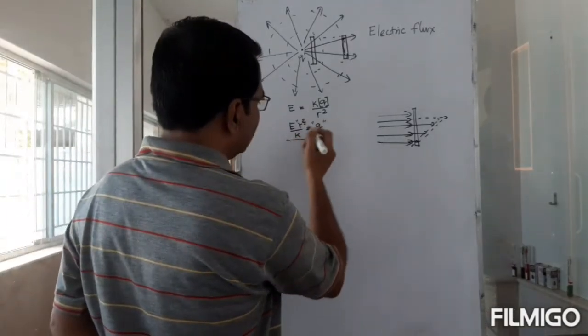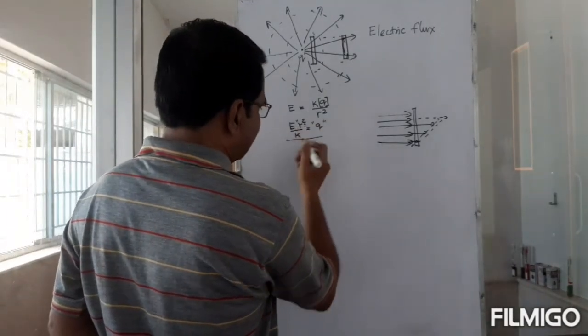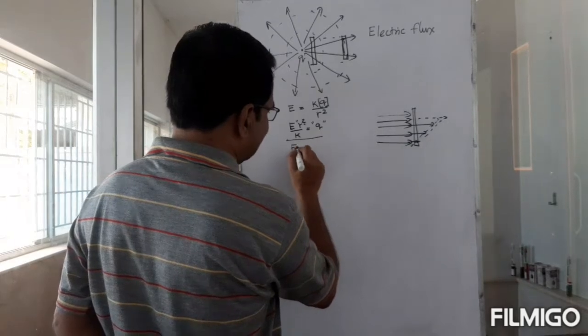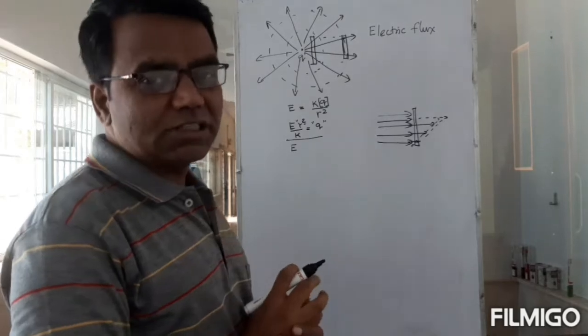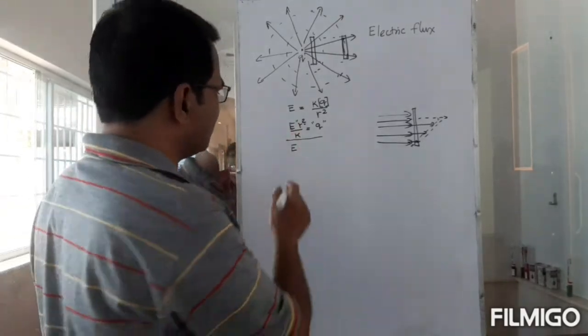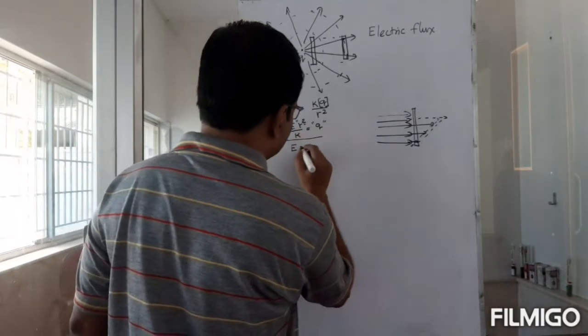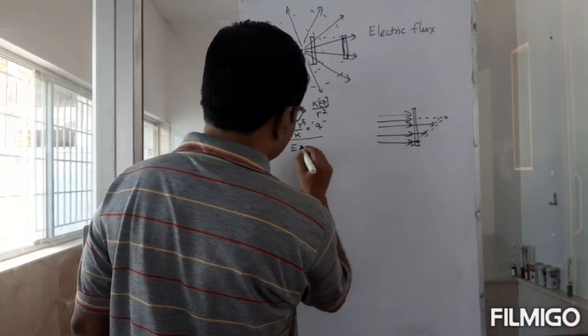Here, I'm going to manipulate it a little bit. I'm going to say E is there, and then what is this, R squared by K? I'm going to make some changes to that.